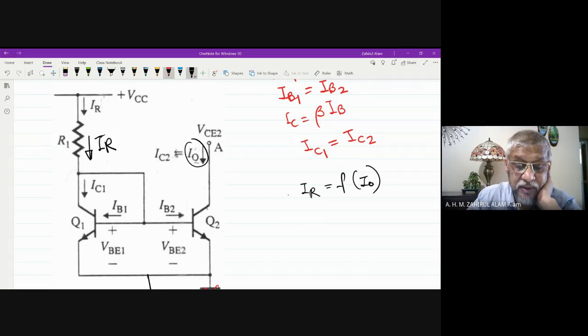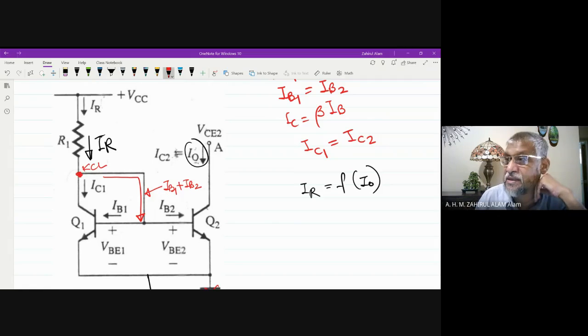Now for this particular case, if we apply KCL at this node, so if you consider this node, this current is equal to IB1 plus IB2. This is correct because this current is equal to IB1 and IB2.